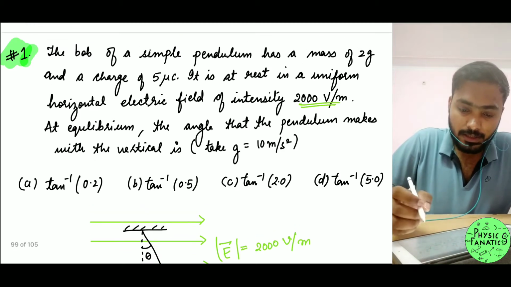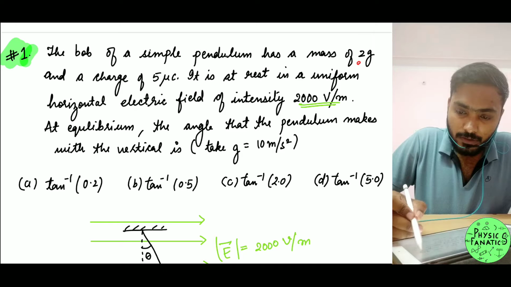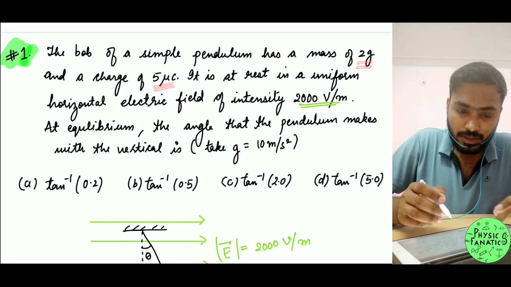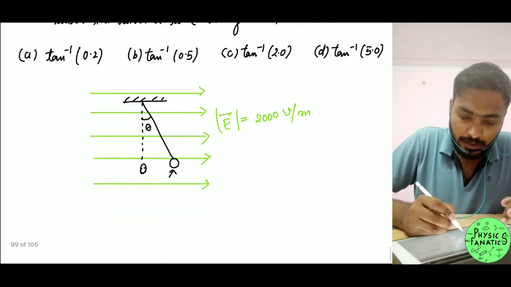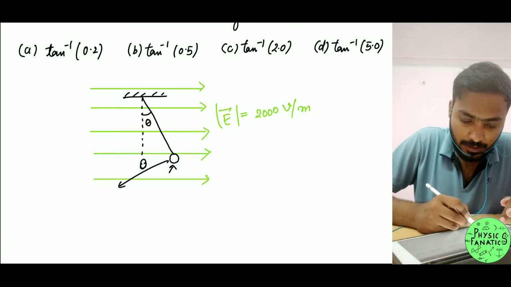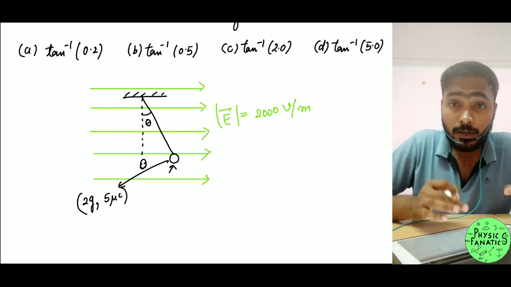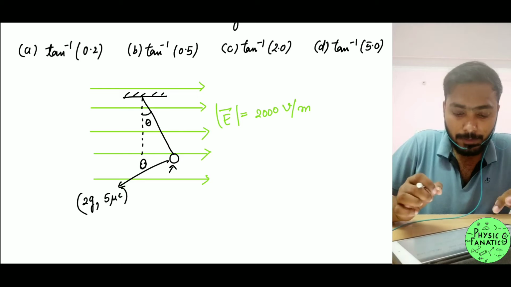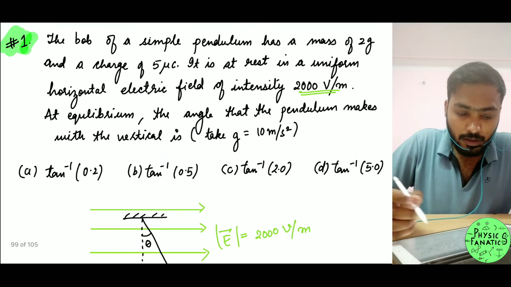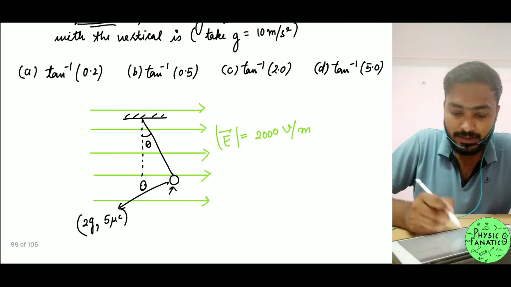The question is saying that it has a mass of 2 gram and a charge of 5 microcoulomb. Let me write that. 5 microcoulomb means 5 into 10 to the power minus 6 coulomb.